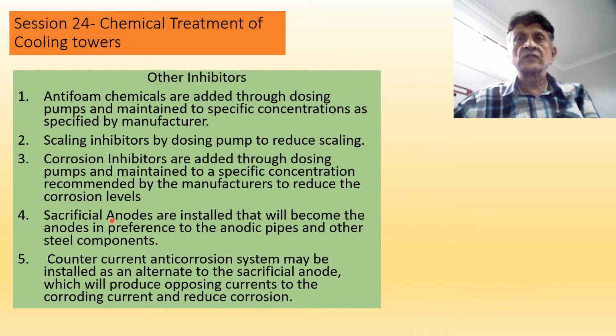A substitute for the sacrificial anode is the countercurrent anti-corrosion system. This may also be installed as an alternative to the sacrificial anode, and it will produce an opposing current to the corroding current and therefore reduce corrosion.